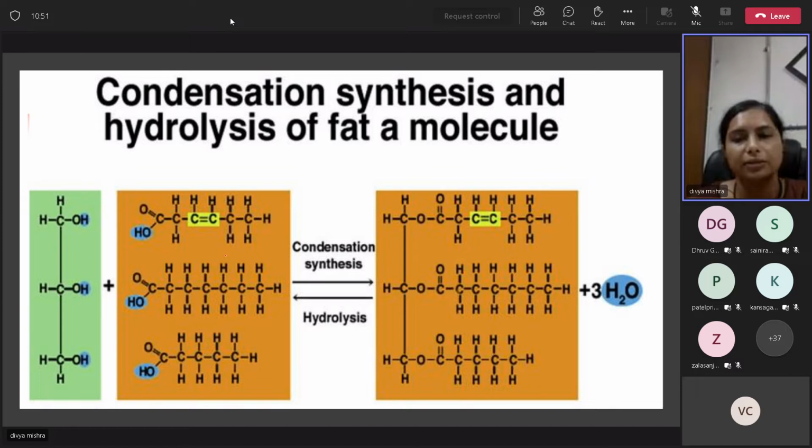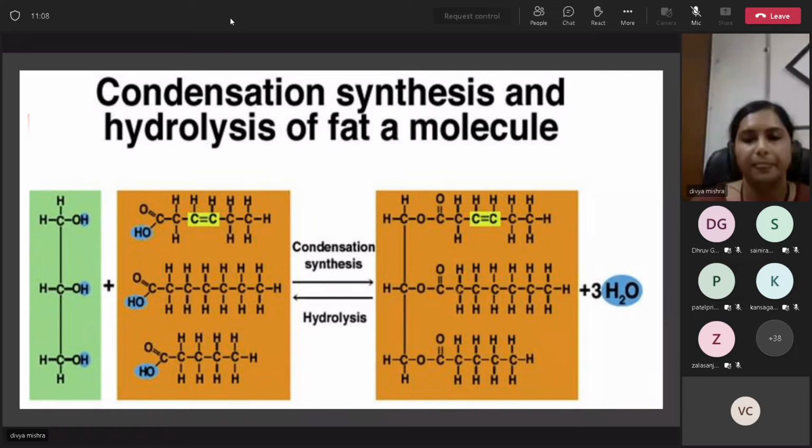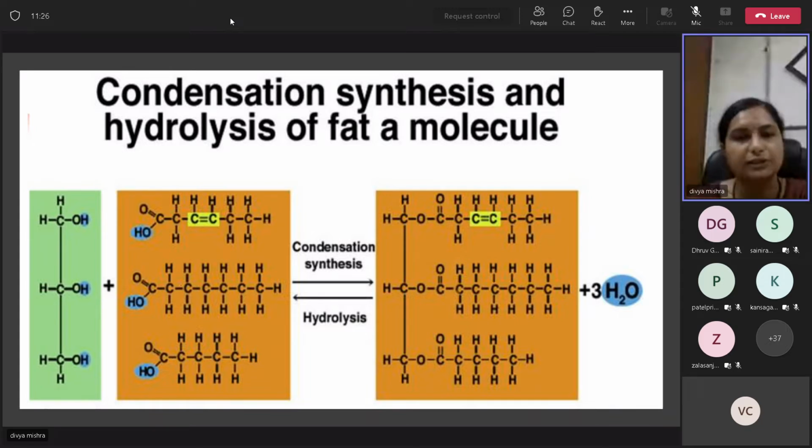Here the 3H are coming out with the oxygen to give you 3H2O. This fatty acid will condense with the glycerol to give you the fat. That is why we call this a condensation synthesis. The two are condensed together to give you fat, and during the procedure, a water molecule is coming out. So it is hydrolysis. Water is breaking down.